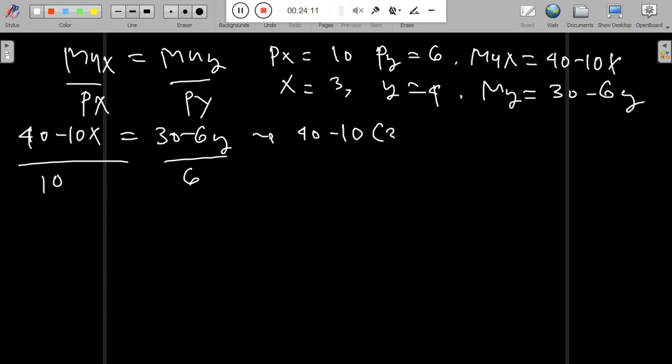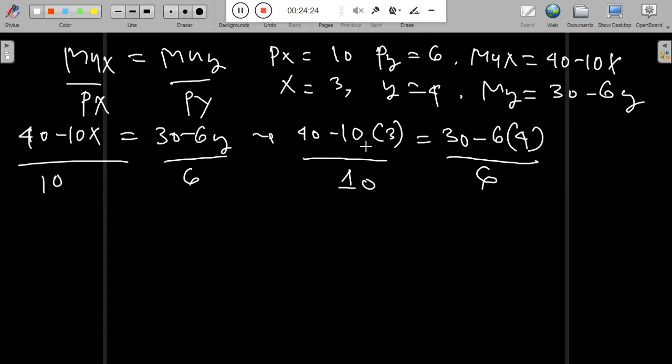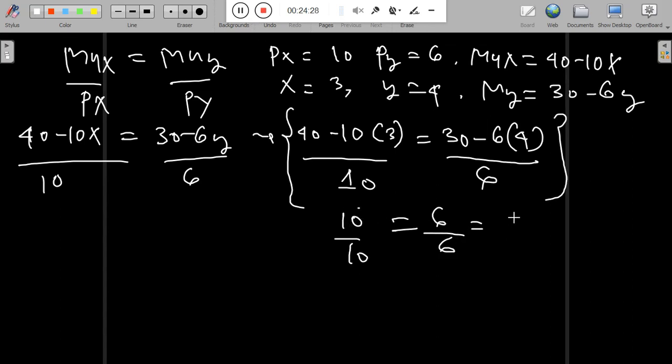So let's plug in to show the utility maximization. When you take 40 minus 10 times 3 over 10, and on the right hand side 30 minus 6 times 4 divided by 6, this will give you the same value, 1 equals 1. So this proves that the utility maximization is in equilibrium. From our data set, the equilibrium is clearly proved.